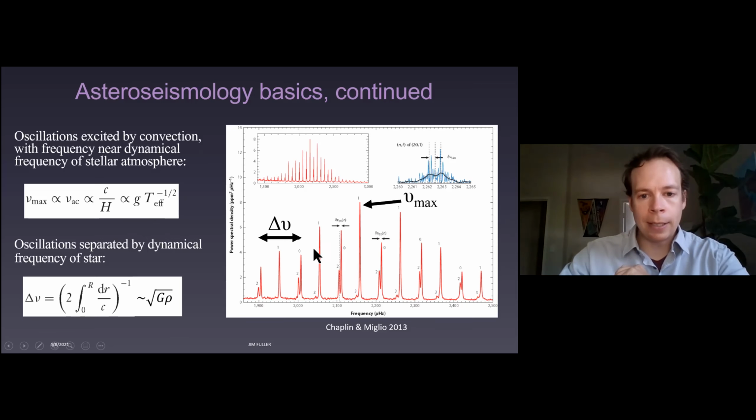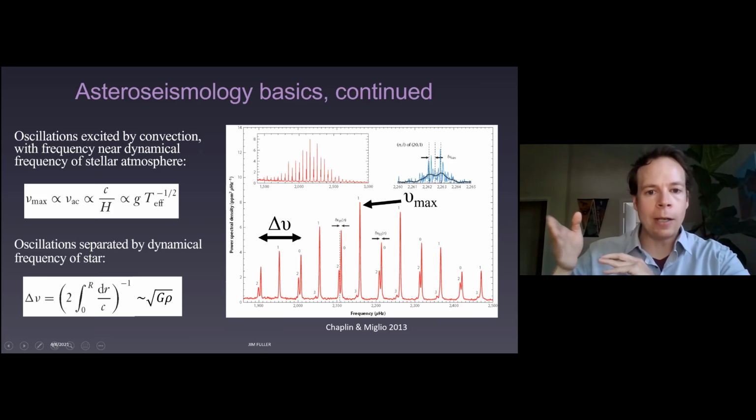And the other thing you'll see is this pattern of peaks repeats, and each repetition is spaced by a frequency spacing called delta nu, or the large frequency spacing. And what's going on here is that every one of these peaks labeled 1 is a dipole mode, but they have successively higher radial orders inside of the star.